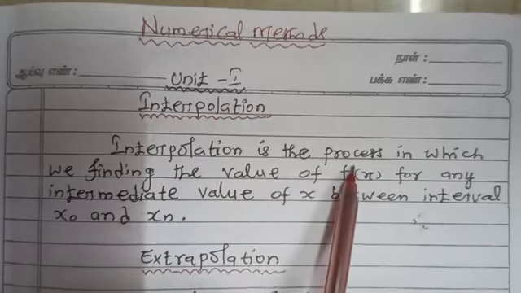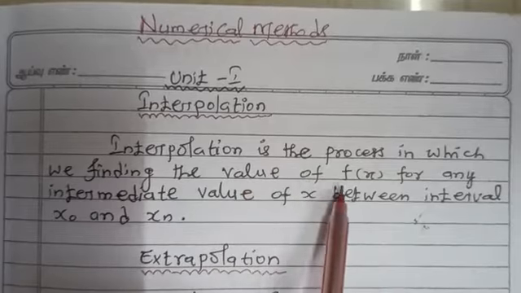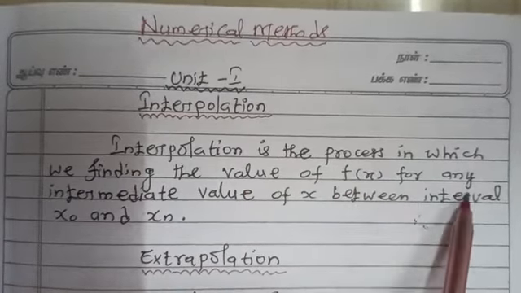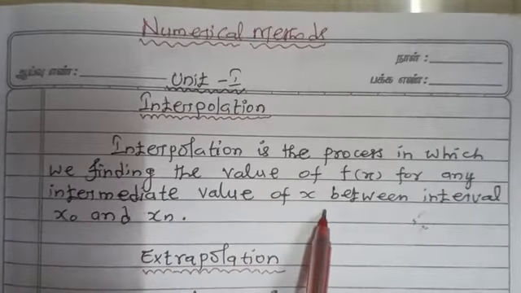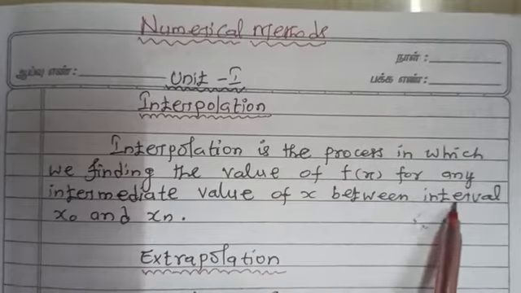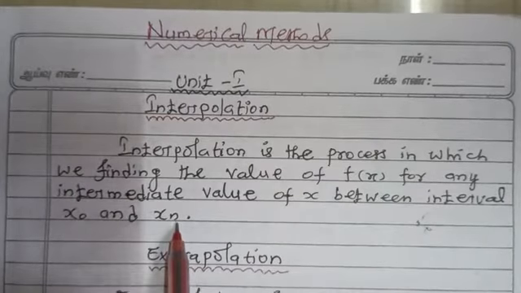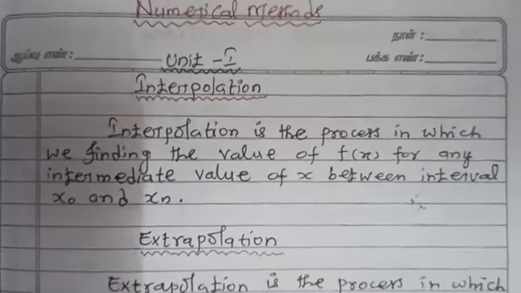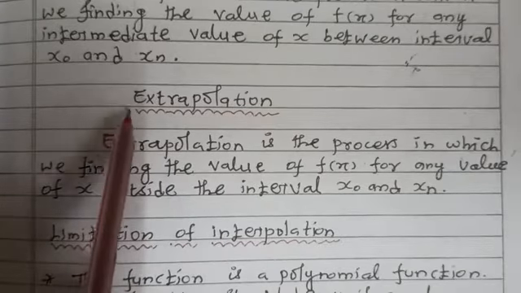is a process in which we find the value of y or f of x for any intermediate value of x in the interval between x0 and xn. This is called interpolation. Extrapolation. What is meant by extrapolation?